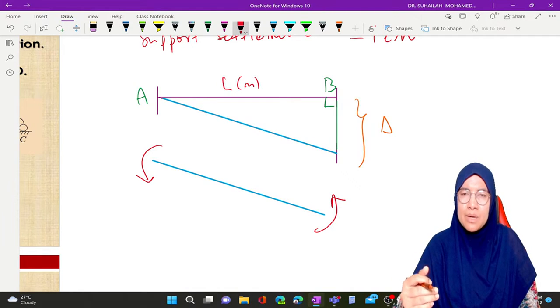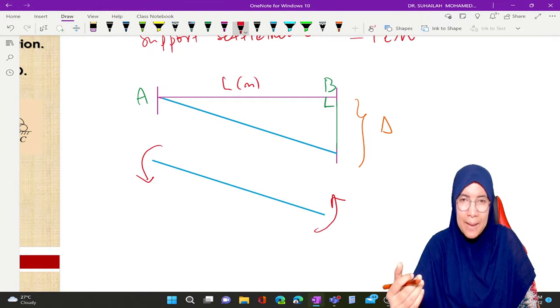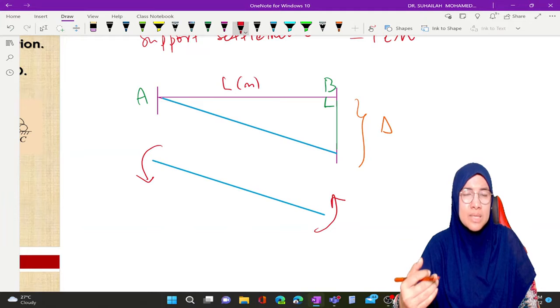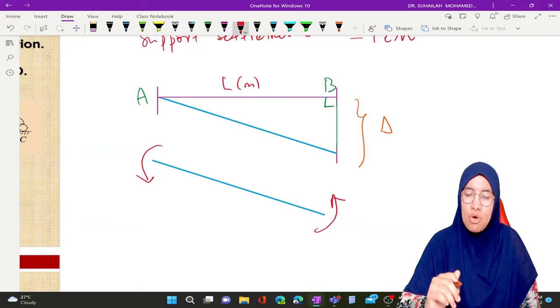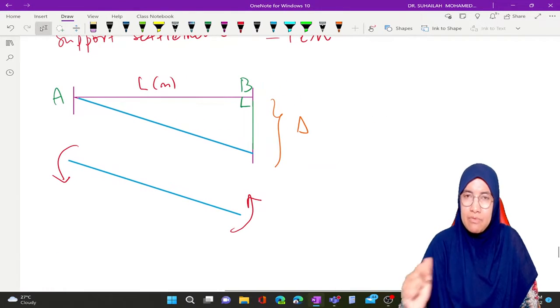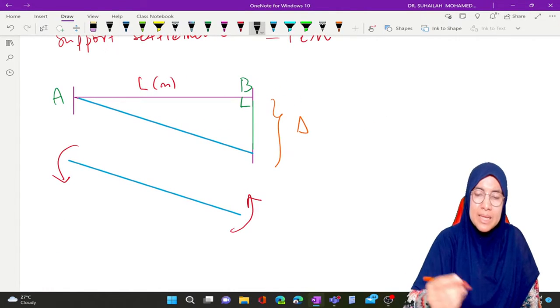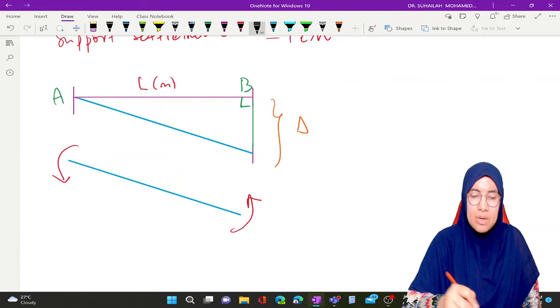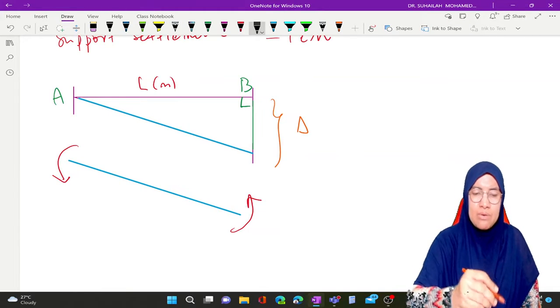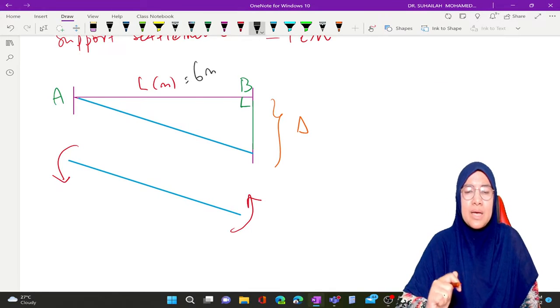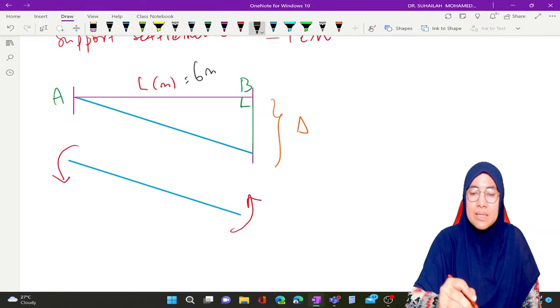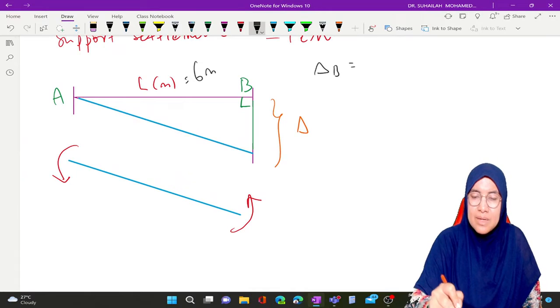And always remember, when we want to analyze FEM due to support settlement, due to delta, if both ends are fixed, the moment will be negative. So if you want to calculate the value, let's say this is 6 meter, for example, and delta B is given as 30 mm downward.